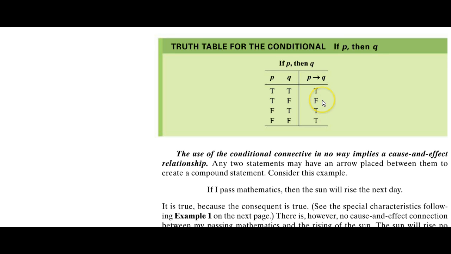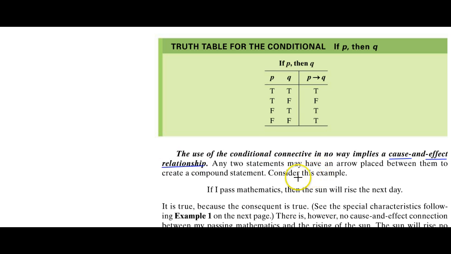The only time it's false is when your antecedent is true and your consequent is false. Now, another important thing here to note is in no way does the statement imply a cause and effect relationship.